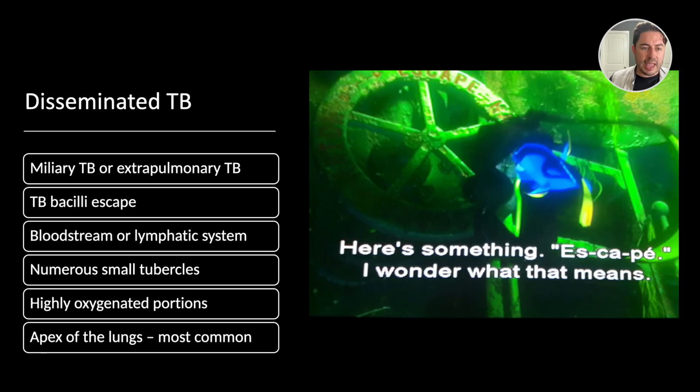If you get that reactivation TB that ruptures a granuloma, you end up with what's called disseminated TB, miliary TB, or extrapulmonary TB. And this is when the TB bacilli escape. So, like any other person that grew up on Finding Nemo, I had to include our good friend Dory that reads escape.